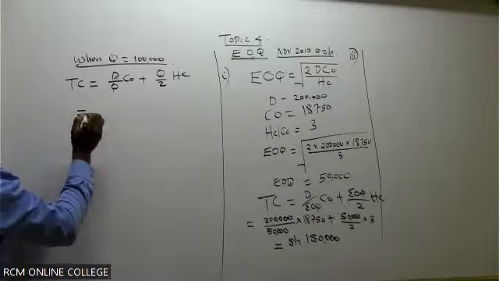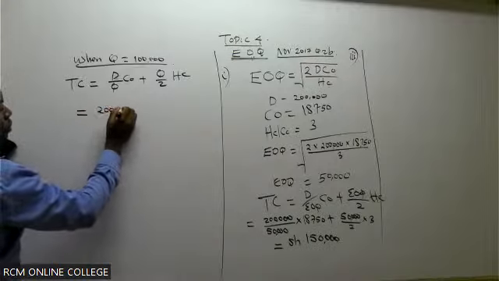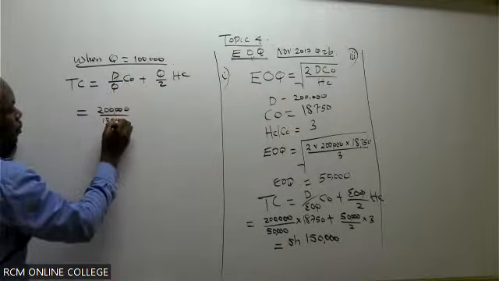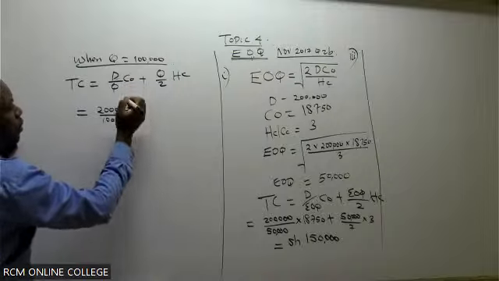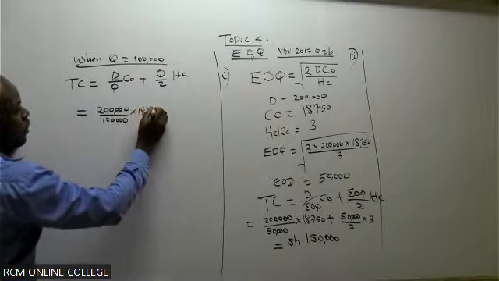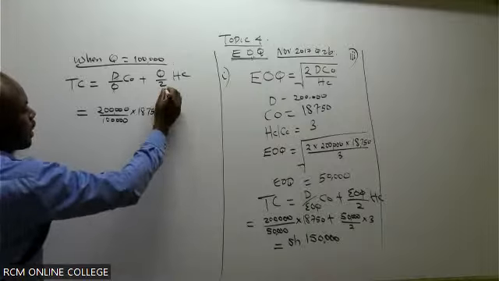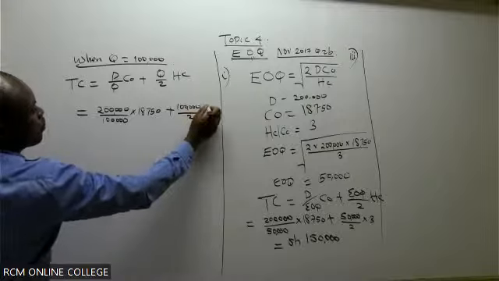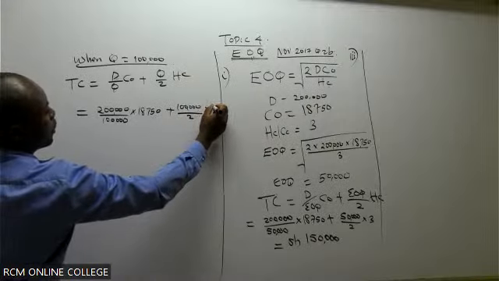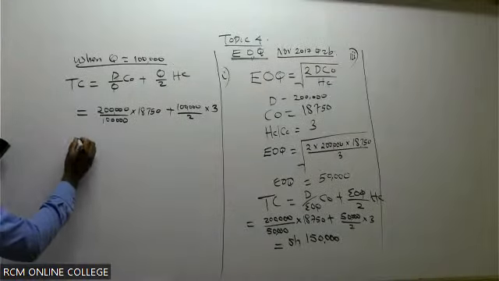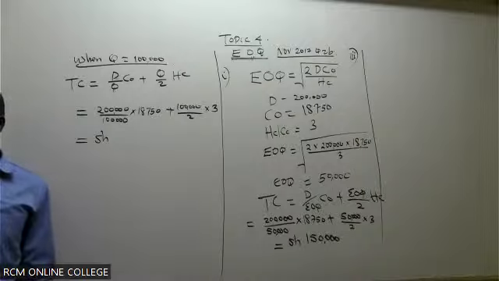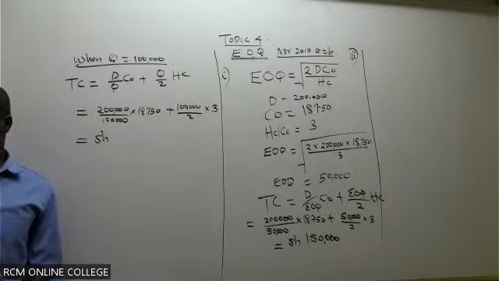I'll take demand, which is 200,000, divide by quantity, which is now 100,000, multiply by ordering cost, which is 18,750. To that, I add quantity, 100,000, divide by 2, then multiply by holding or carrying cost, which is 3. If that is done, what are you getting as the total cost?